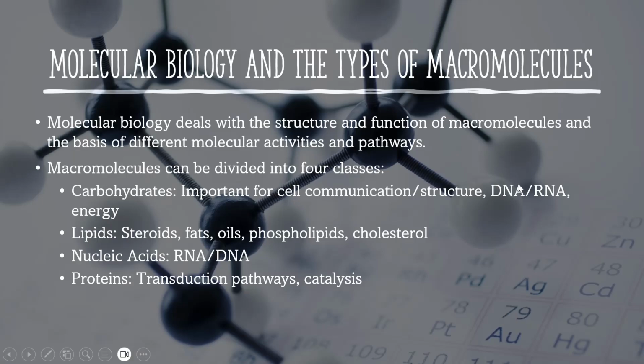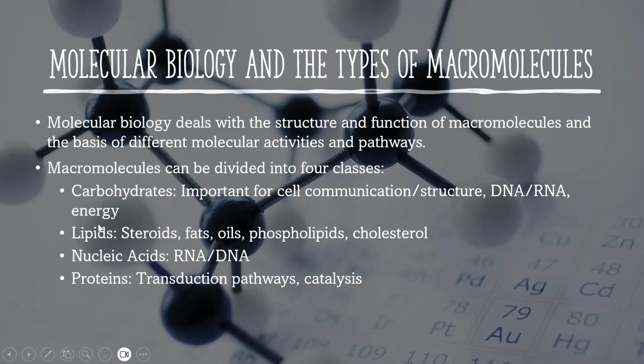Carbohydrates are also part of nucleotides, because you require a pentose sugar for either DNA or RNA, which is ribose or deoxyribose. And energy. They're the most immediate form of energy use. Carbohydrates are going to be the thing that your body uses before all the other macromolecule types.